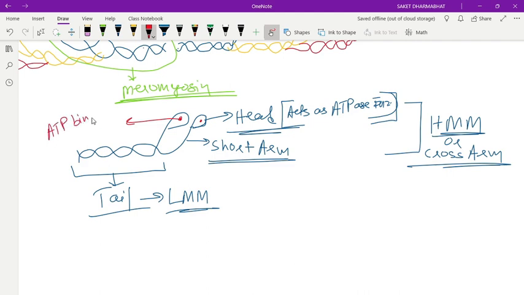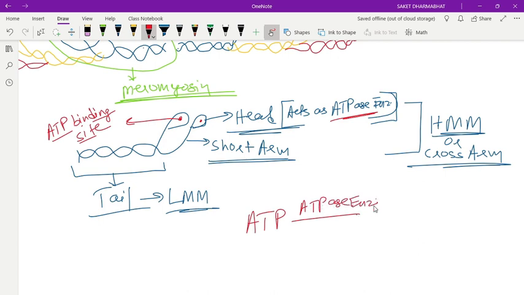ATP binding site. Means who will come and bind here? ATP. And when ATP comes and binds here on the head, what will happen to this ATP? Because the head is what? Tell me. Yes, ATPase enzyme. Then what will happen?